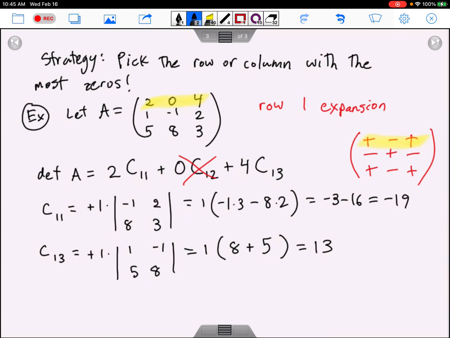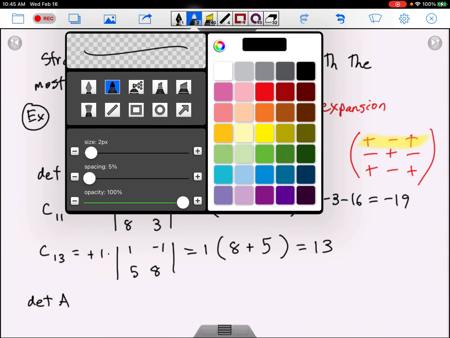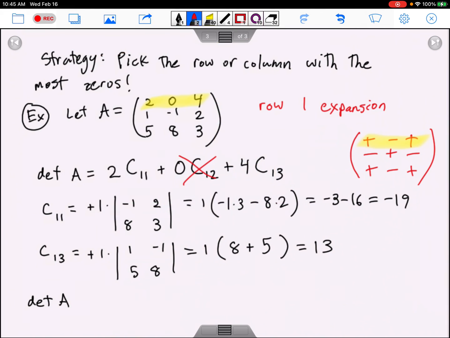All we have to do now is add these two things together. So let's go back to our determinant here, right? Remember our determinant? So I'm now looking at this row right here. Just want to make sure you all understand where I'm getting this from.